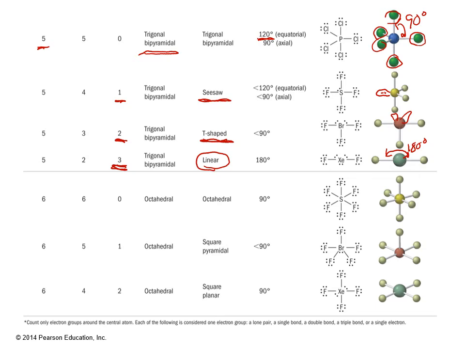So we can have a trigonal bipyramidal electron geometry and a linear molecular geometry if we have 3 lone pairs around our center atom. Now, all of these cases can only happen if we are in row 3 or below. And the reason for that is because we have to have our expanded octet.